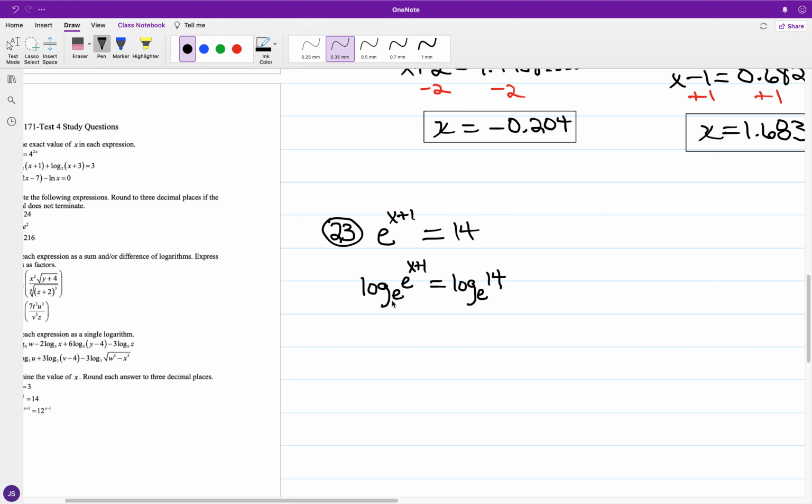So you've got the base e logarithm of e to the x plus 1. So this will go to x plus 1. And for the base e logarithm of 14, guess what? A base e logarithm is already going to be a natural logarithm. So I'm just going to restate this.